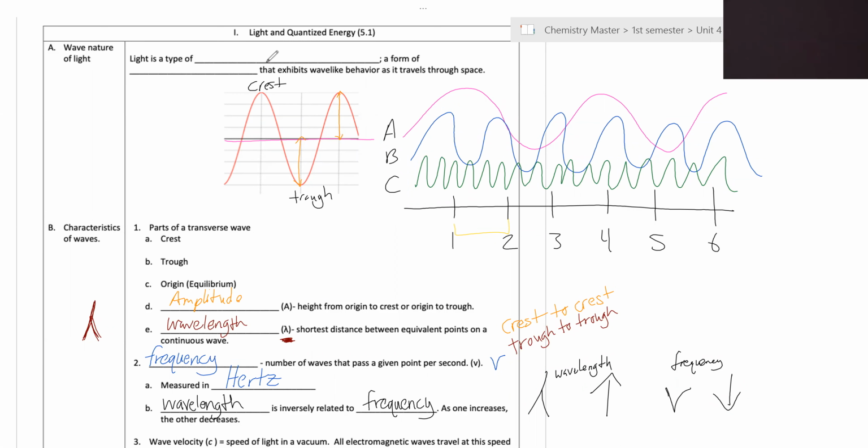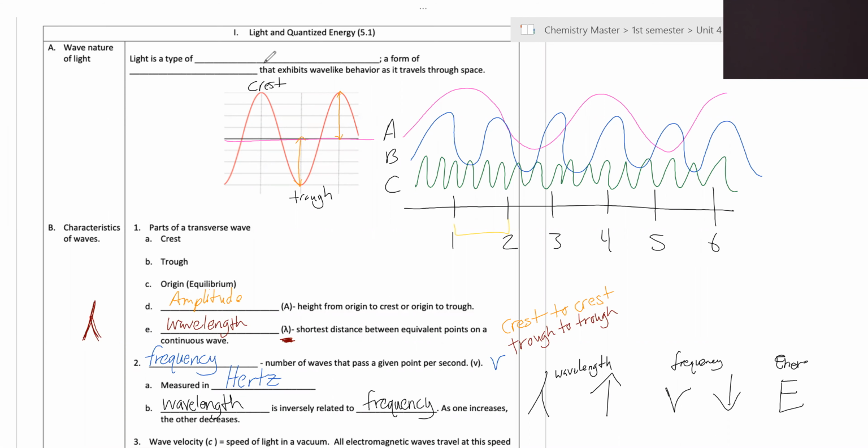So in addition to that, we also can measure energy when we're talking about waves. So we can measure wavelength, we can measure frequency, and we can measure energy. Can you tell me what the relationship is between energy and frequency and wavelength, okay? And for energy, we're just going to use the letter E. So this is energy.